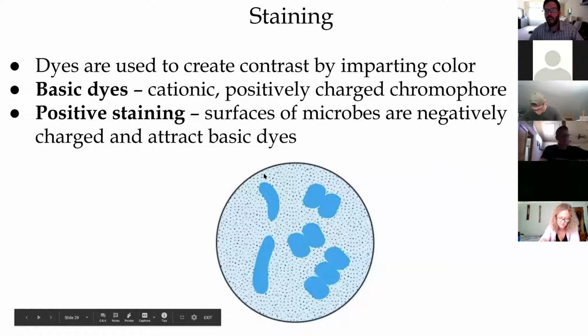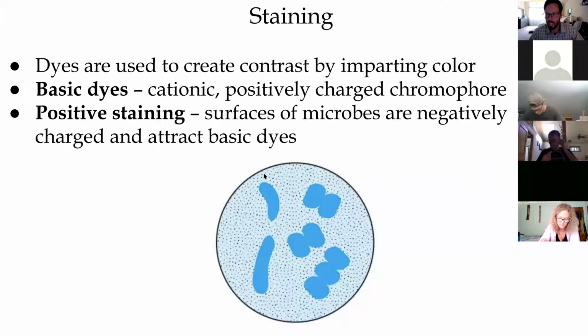So we left off with staining, basically. We said that there are different types of stains that give us different types of information, and some work better than others depending on the application. If you want to look at live specimens or fixed specimens, then these stains will be better or worse depending. We said that there are basic dyes that are positive stains, and so they specifically stain the microbe.